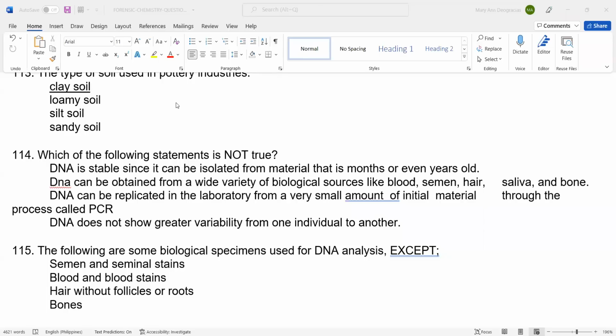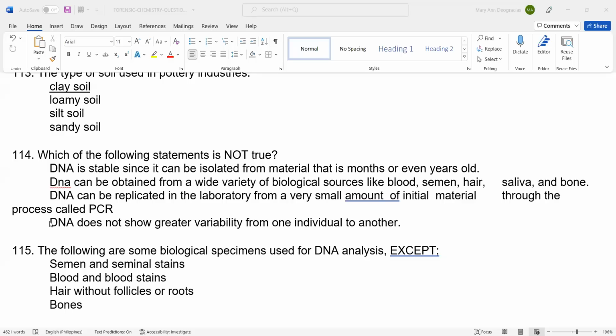Ako, sasabit pala ako ng grades sa City College. Saan na tayo?